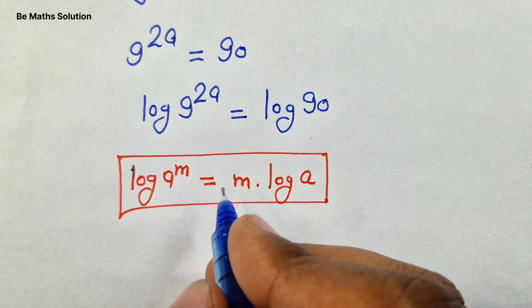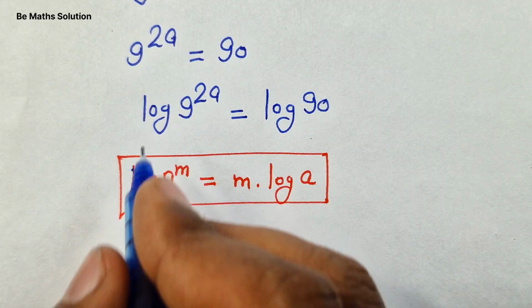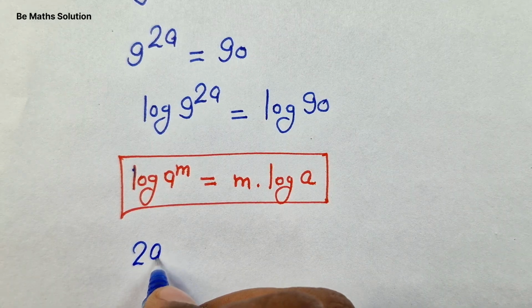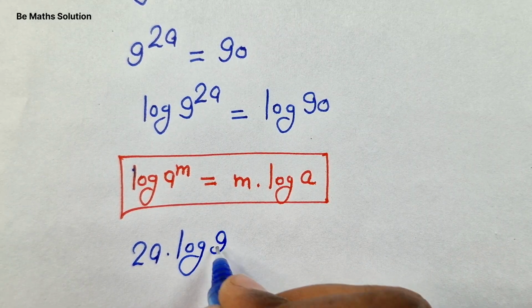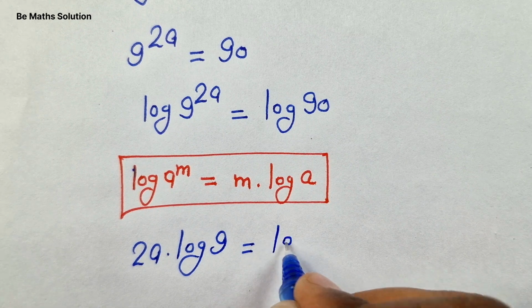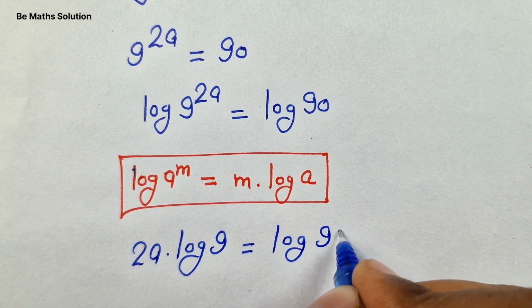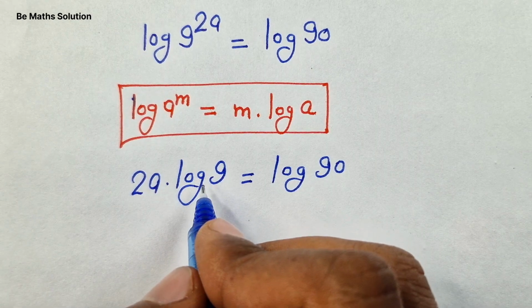This rule is applied. We have 2a times log of 9 is equal to log of 90.